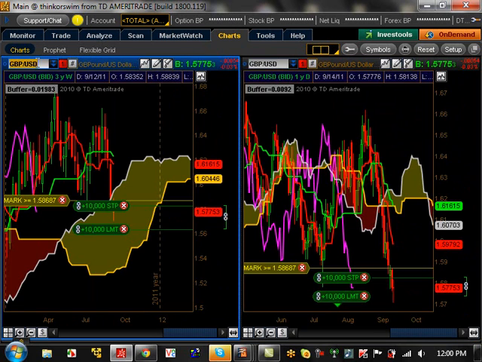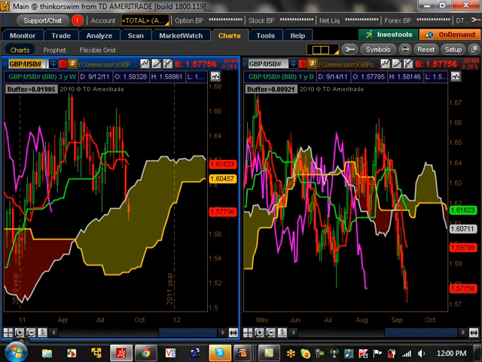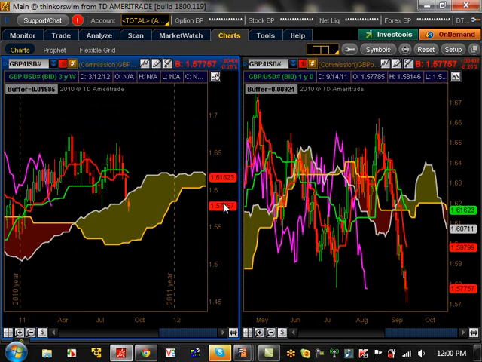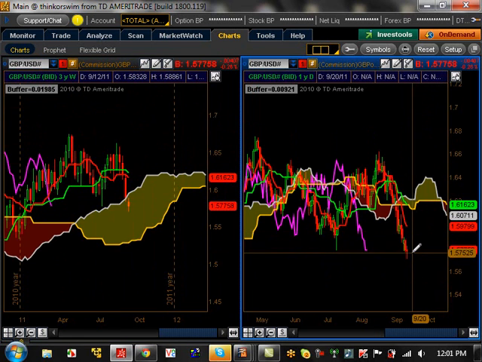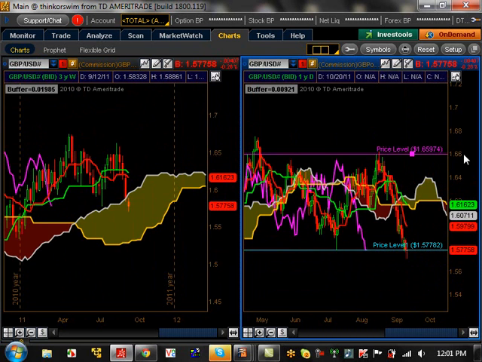Time to be patient. GBPUSD, let's clean up the charts a little. It's really not doing anything either, just going back and forth and consolidating on the weekly time frame. On the daily time frame, it's right at the bottom of the range. We reached the bottom of the range today at 1.5778, which really doesn't mean anything yet.